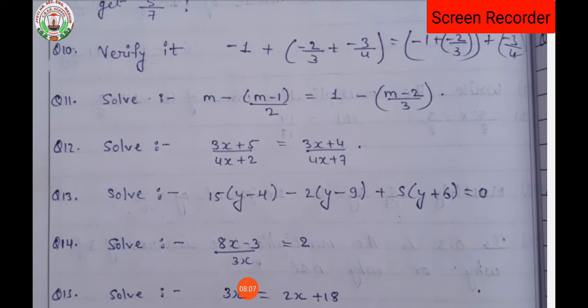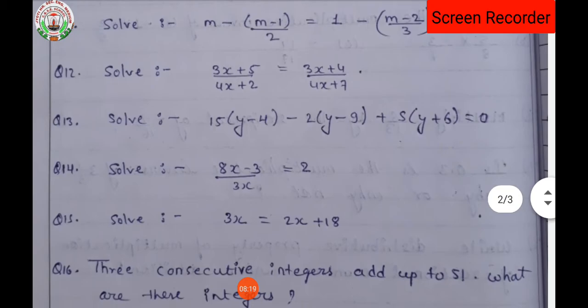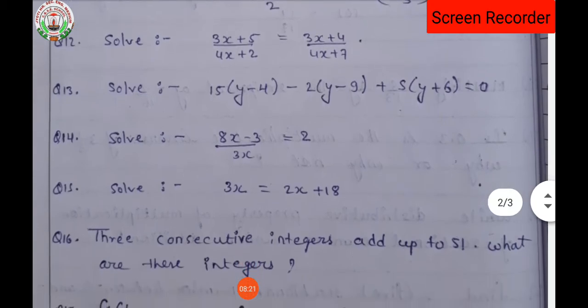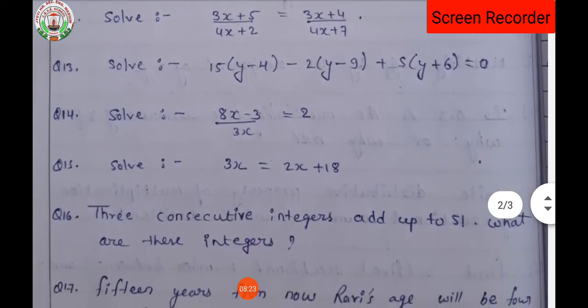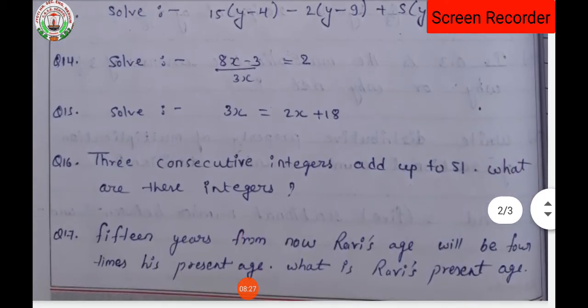Then you have to solve it by multiplying the numbers inside the bracket. Similarly for the 13th question, you have to multiply the number outside the bracket with the numbers inside the bracket, then follow the mathematical operations. Clear students? Up to the 15th question is the same, you have to do it as it is.